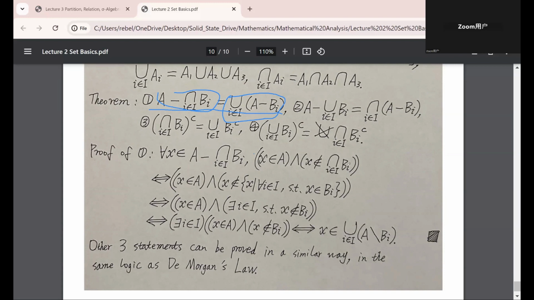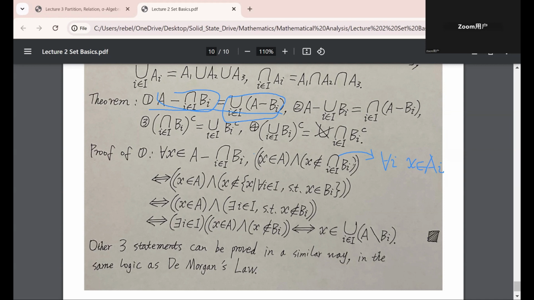And remember, the intersection over the index set means for all i, x belongs to B_i.